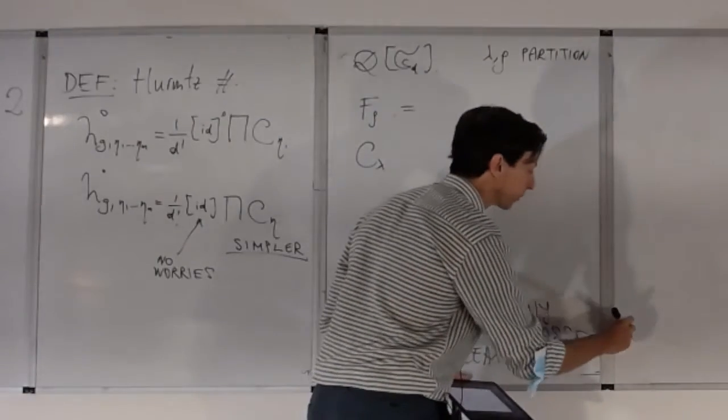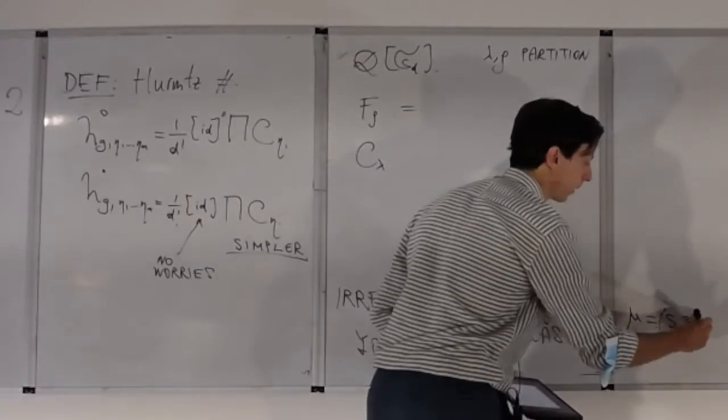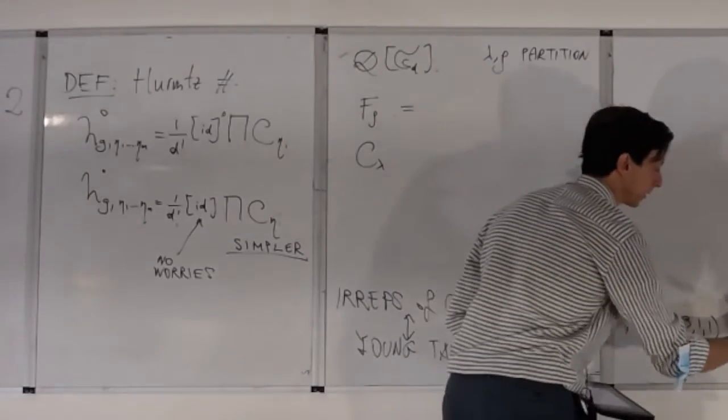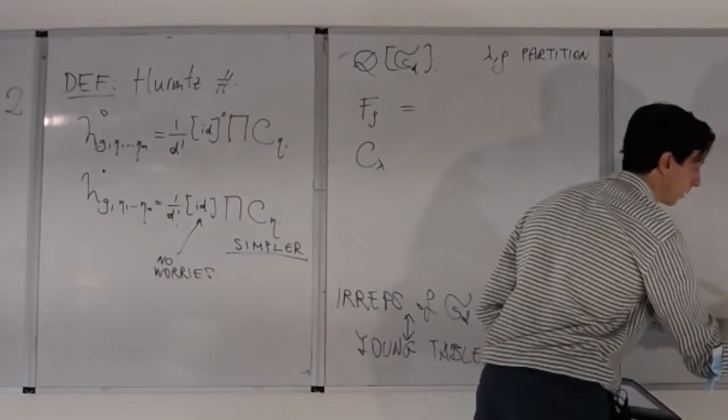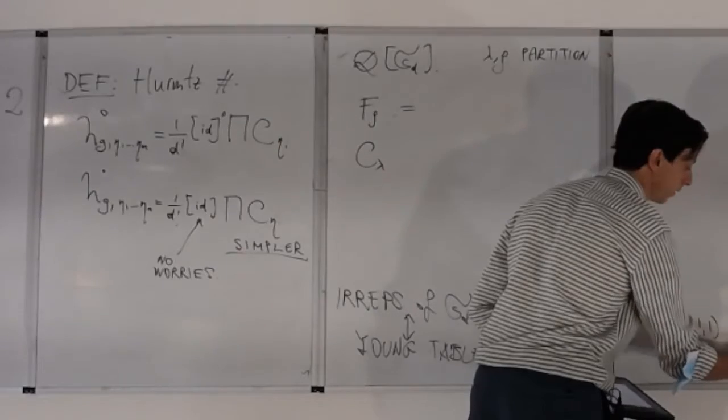You all know this, but just to recall, if you take the partition 5, 3, 1, 1, then you can associate this kind of object: 5, 3, 1, 1.